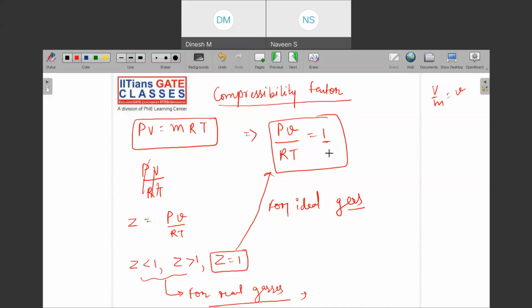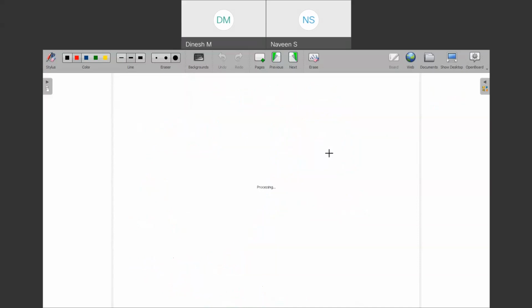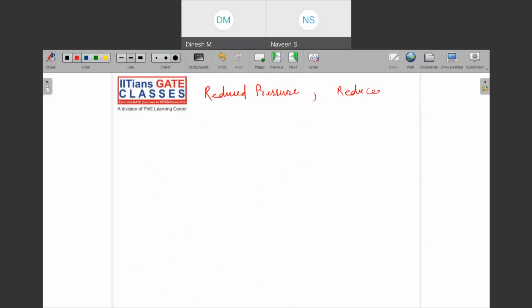Different gases behave differently at different pressures, but there is one experiment where we concluded that if I reduce them to one pressure called reduced pressure, and one called reduced temperature. So what are reduced pressure and reduced temperature?